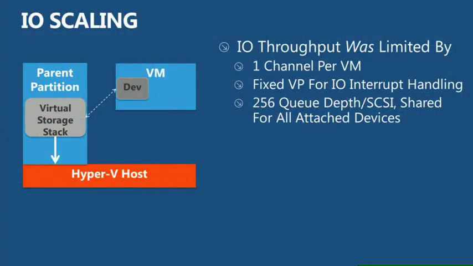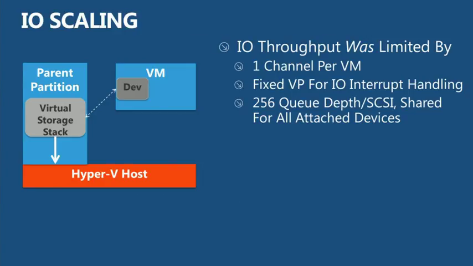With respect to I/O scaling, previously it was purely limited by the fact that there was only one channel between the host and the guest. With 4 VPs, when you talk about high I/O load, probably that was not a limitation. But when you talk about 64 VPs trying to slam IOs, that was one of the bottlenecks.